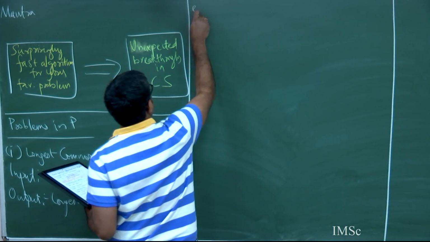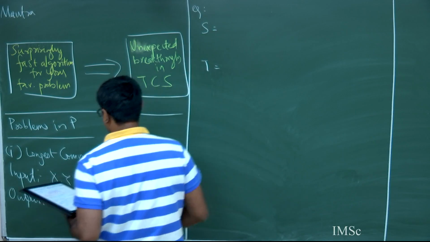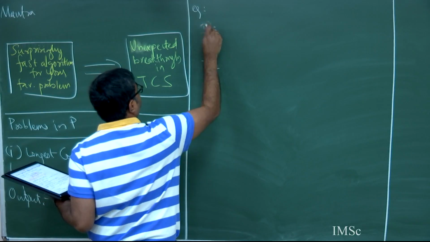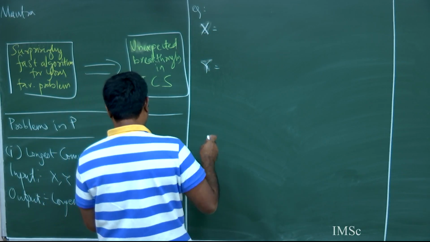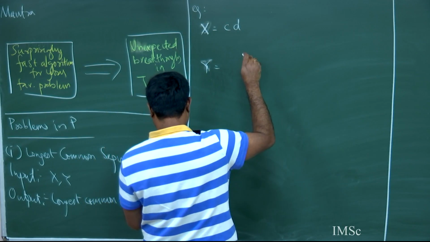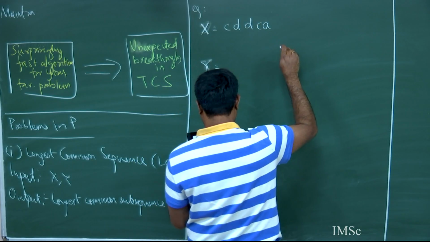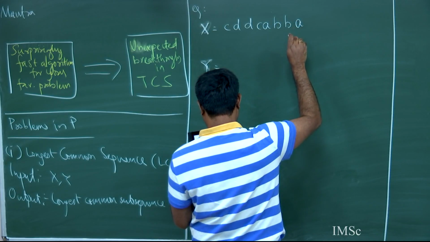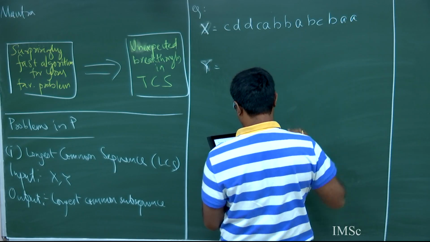So you have a string X and a string Y, let's stick to X and Y. Suppose we had C, D, D, C, A, B, B, A, B, C, B, A, right?